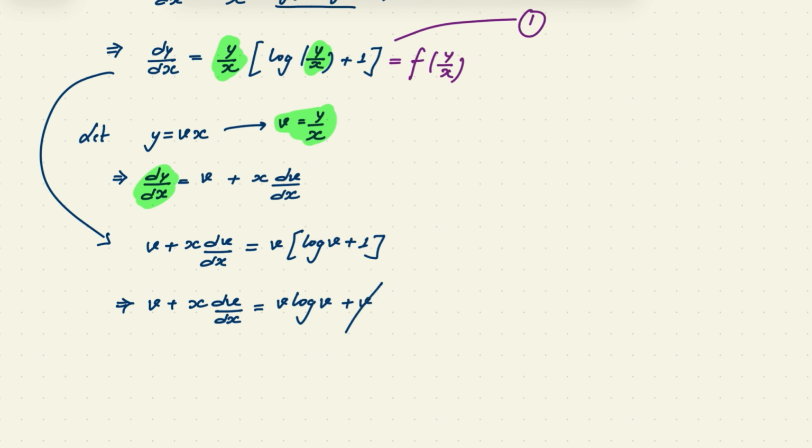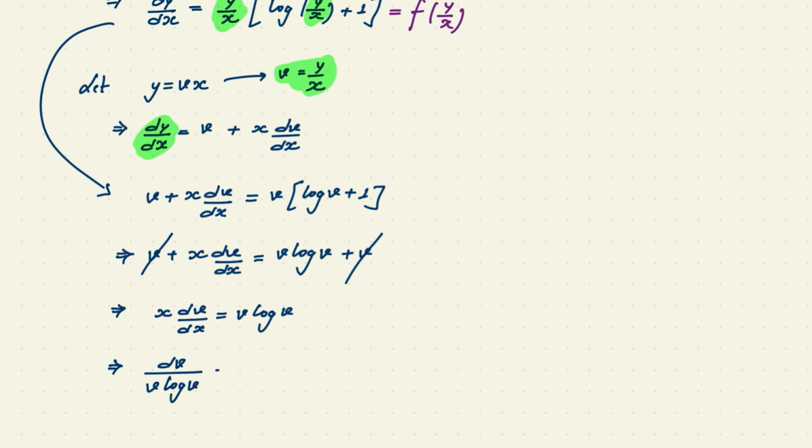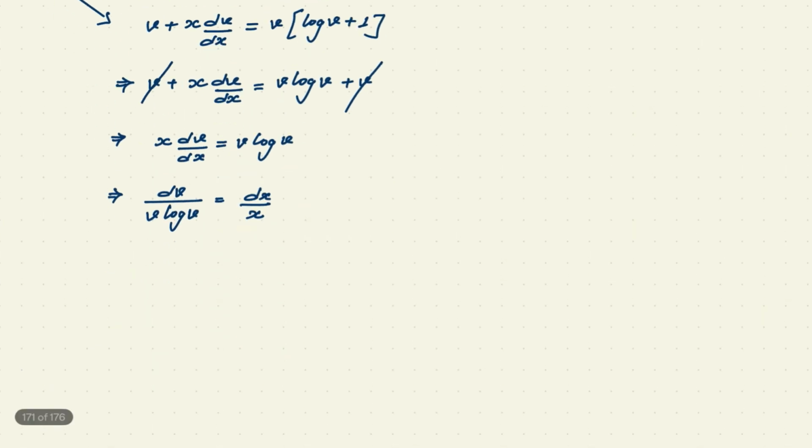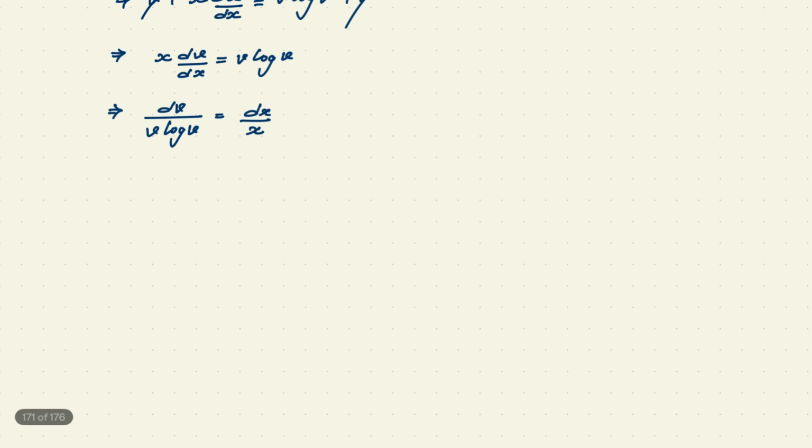Here this v and v get cancelled, so x into dv over dx equals v log of v. Separating the variables, we will have dv over v log v equals dx over x. Now, since the variables have been separated, we will integrate both sides.